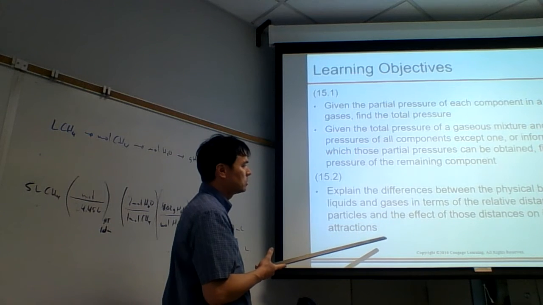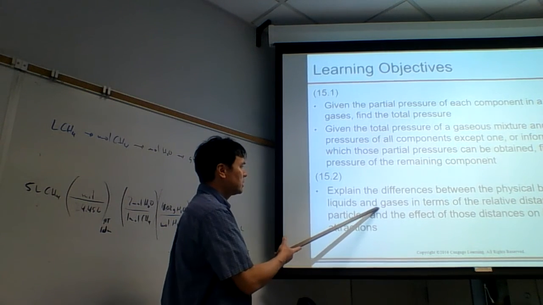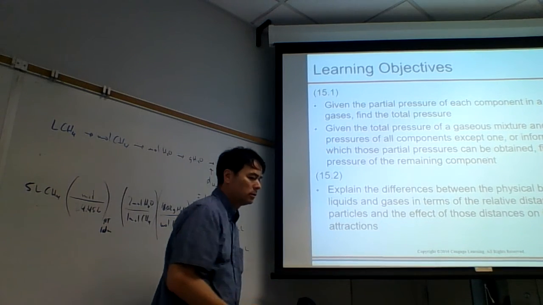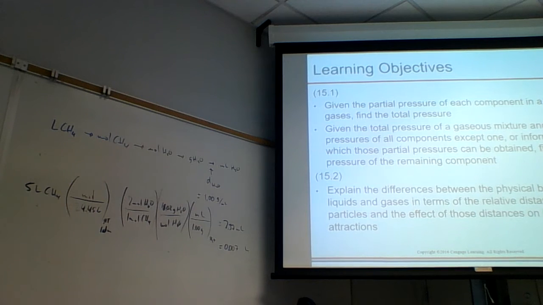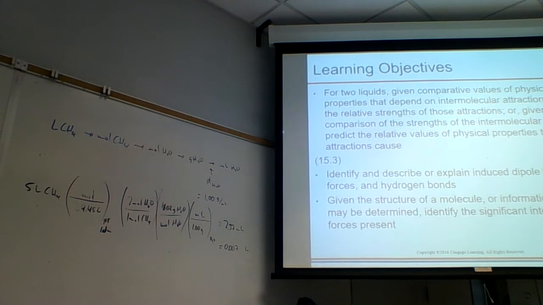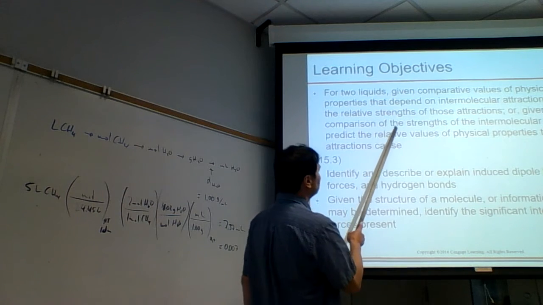This is kind of the particulate visual picture of liquids and gases and solids. Okay. As far as the particulate picture of what a liquid is, a solid is, and what a gas is.